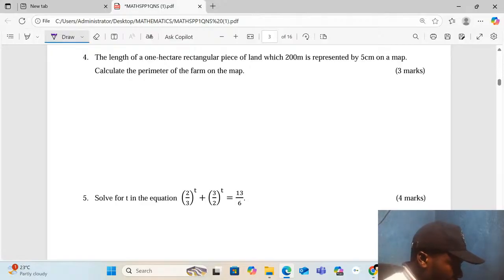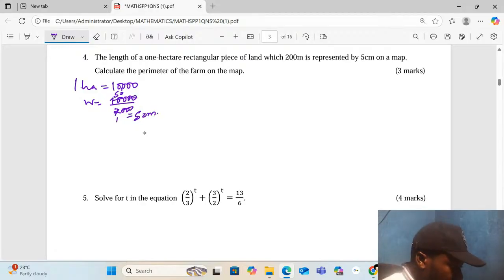To find the width, we know that 1 hectare is equal to 10,000 square meters. So to find the width W, we take 10,000 divided by 200, which gives 50 meters.